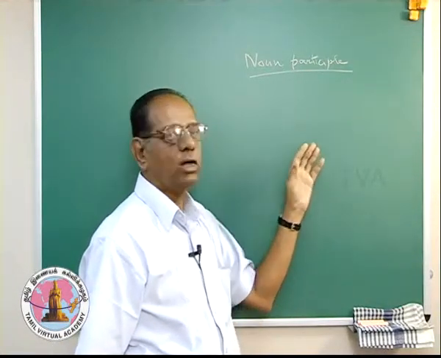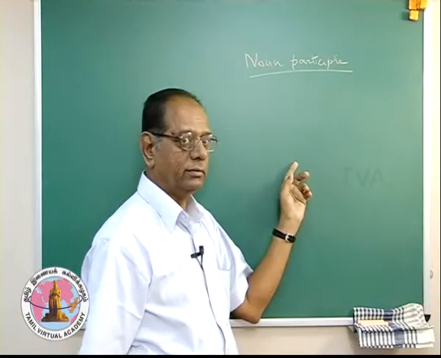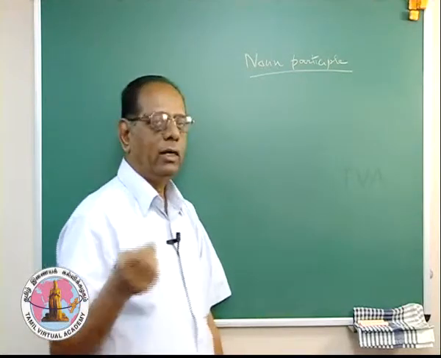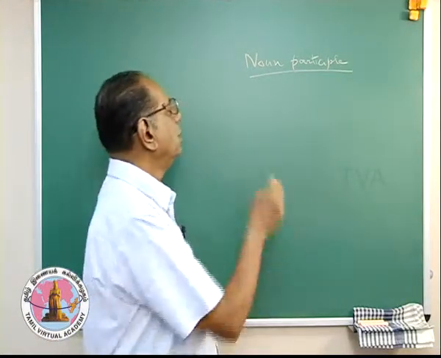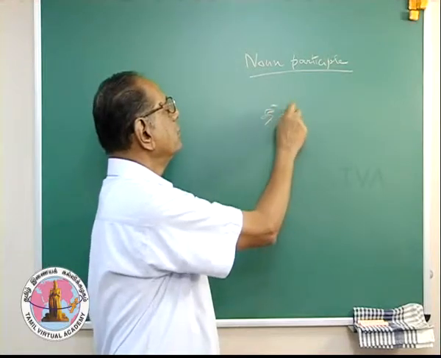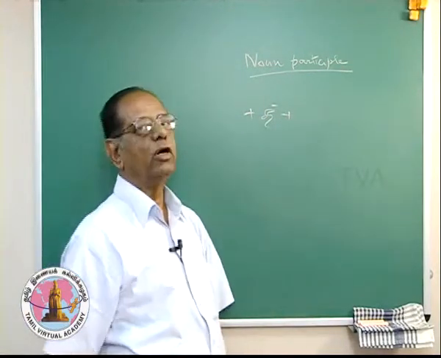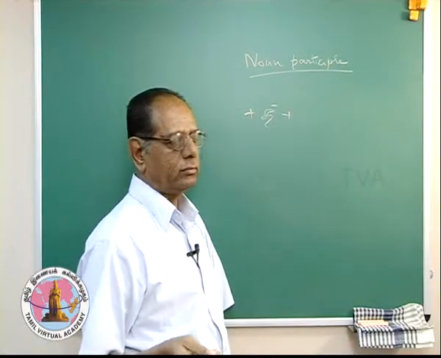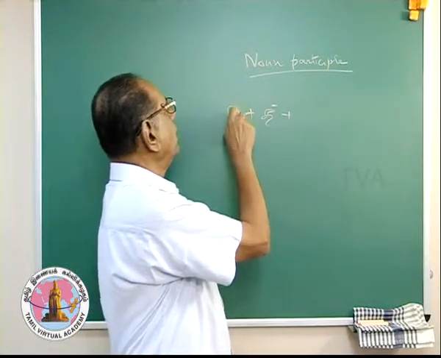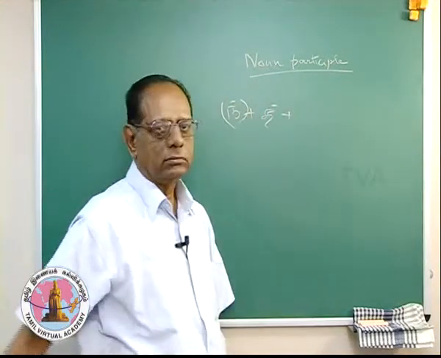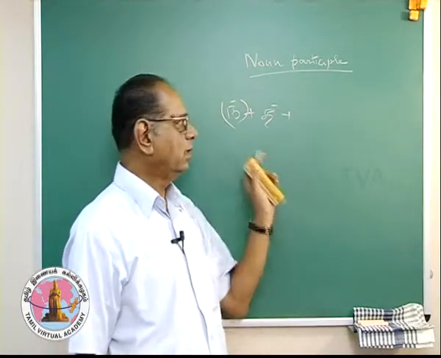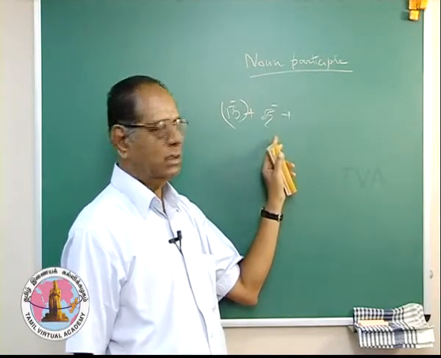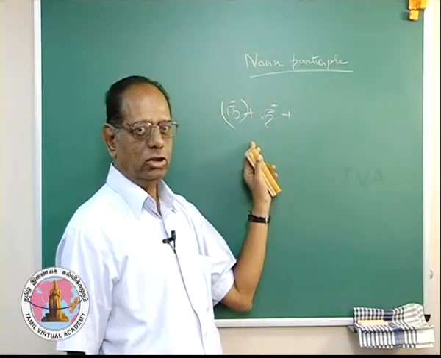While undergoing a change, we did have another set of verbs which did undergo a change, but with a difference. That is, in the past tense, they had to undergo a change.